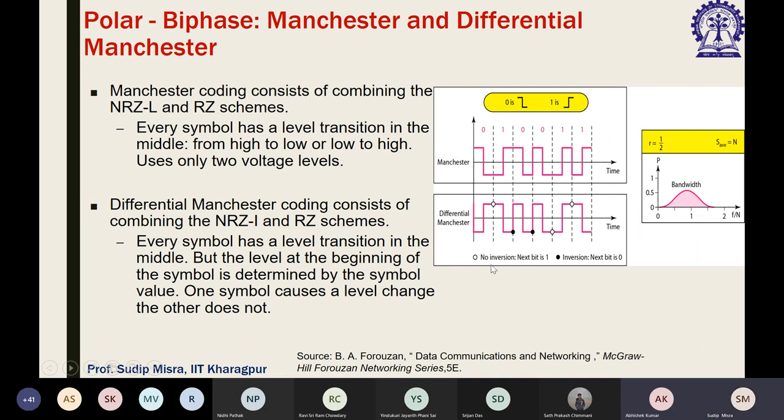If you have no inversion, that implies that the next bit is 1. If the next bit is 0, you need to invert. So next bit is 0, invert. Next bit is 1, no inversion.